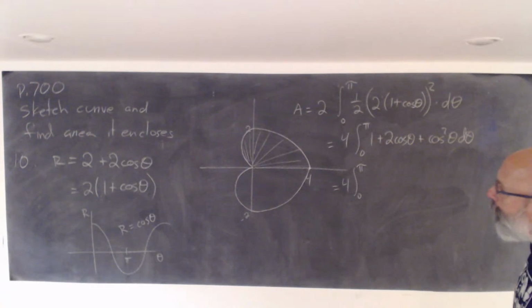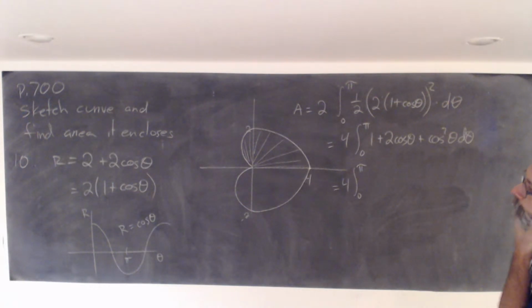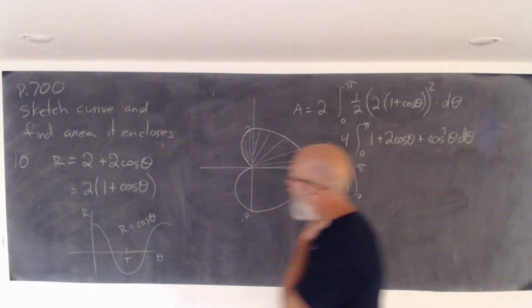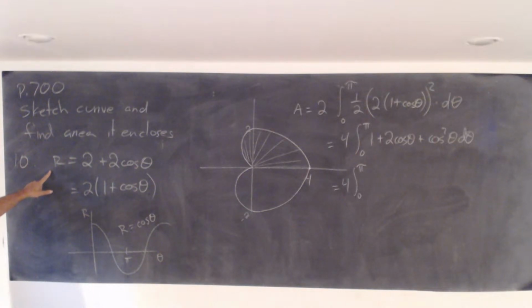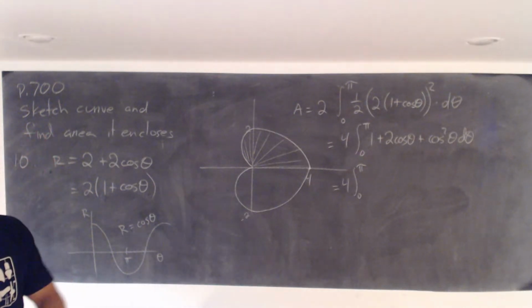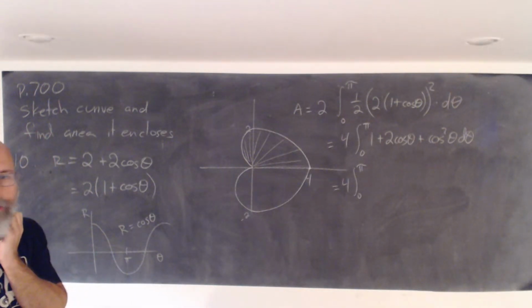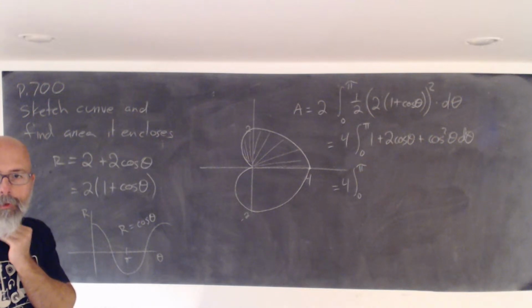Why doesn't anybody do that? It's too complicated. Here you would have to solve for theta in terms of r, and you'd get an inverse cosine, and then it would just be a big mess. Theoretically, you could, but in practice, nobody does it.